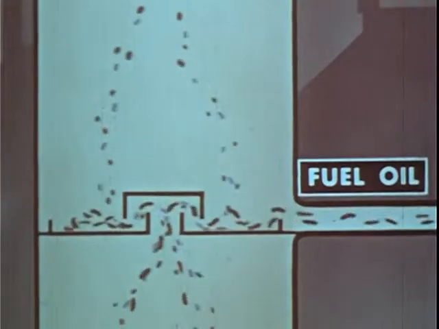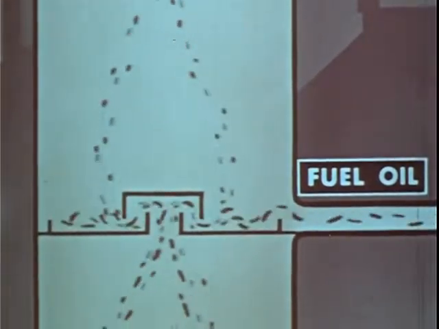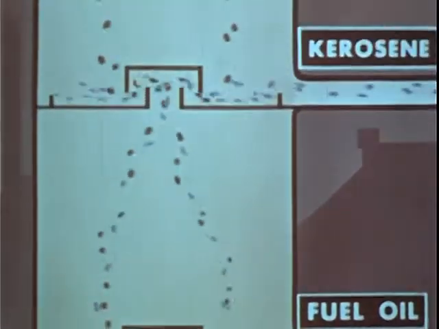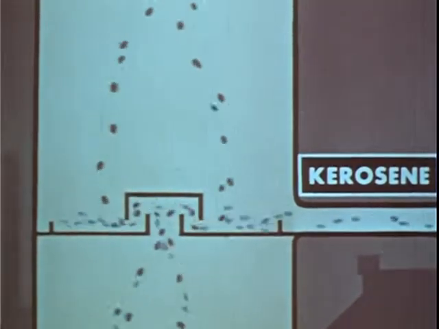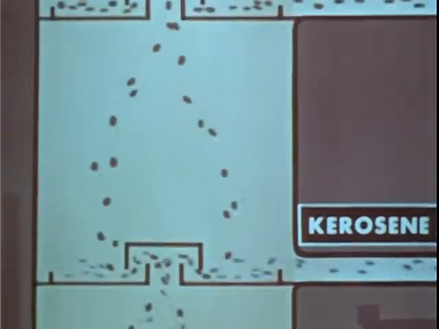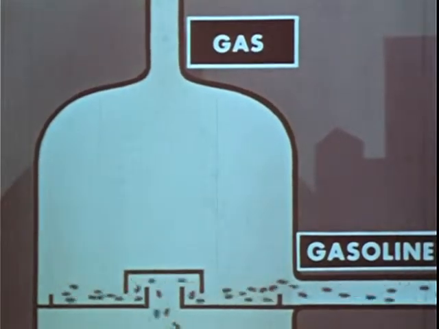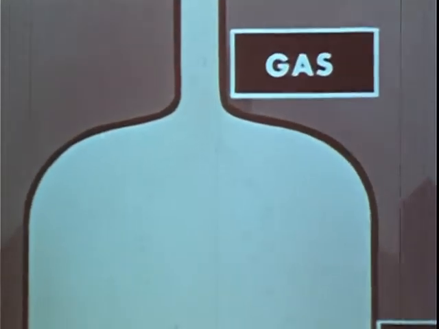At the third level, the largest of the lighter remaining molecules condense to form the fuel oil cut. At the fourth level, kerosene is condensed and drawn off. At the fifth level, the gasoline molecules become liquid, leaving the very light gas molecules to go out the top of the bubble tower.